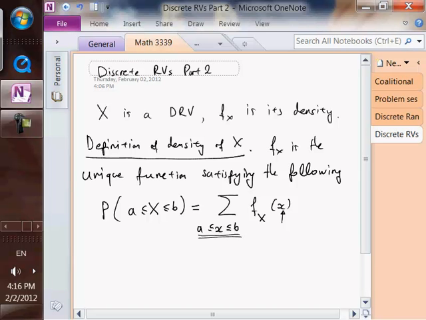Okay, with discrete random variables, this has to be inclusive to avoid mistakes. So that is something that we really need to look at.